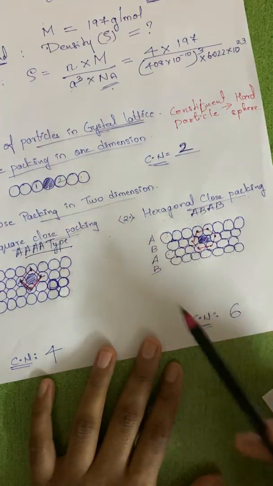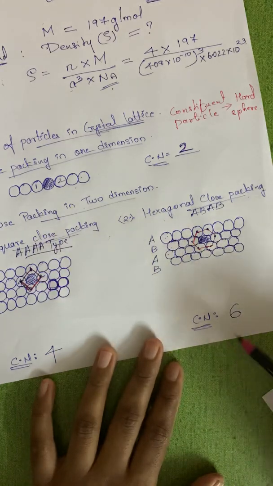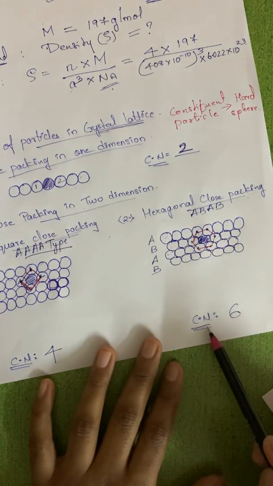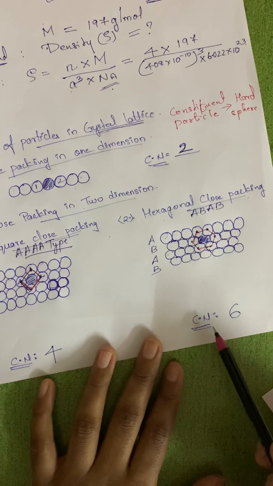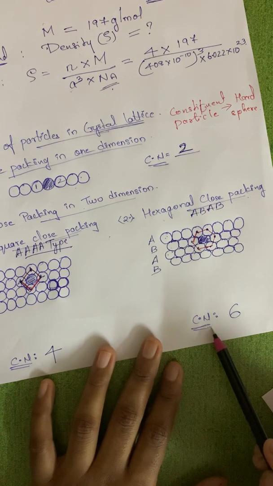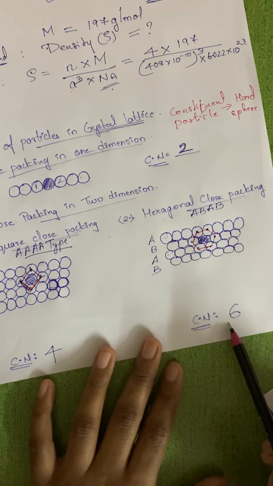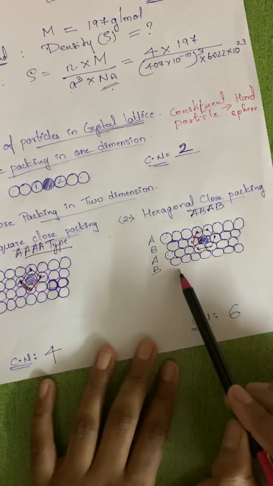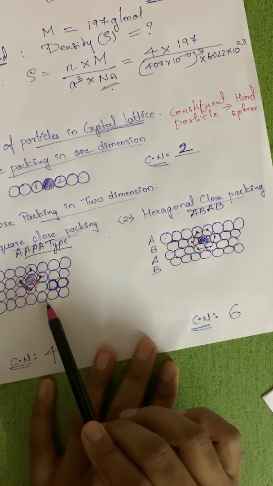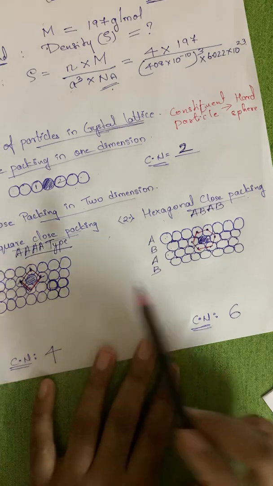Therefore we have mentioned, the higher the coordination number, the more efficient the packing. That means the spheres are very much close together. So this is better packing than the square close packed structure. Okay, so done till here.